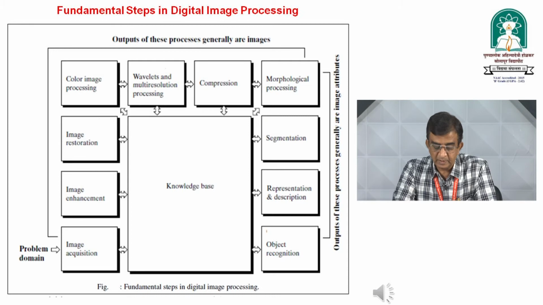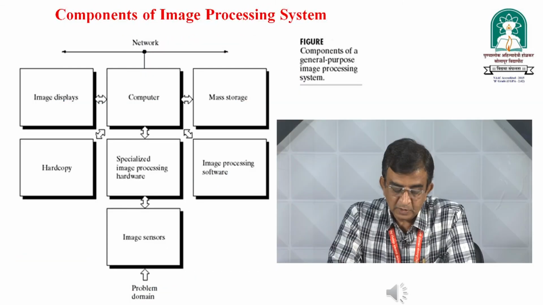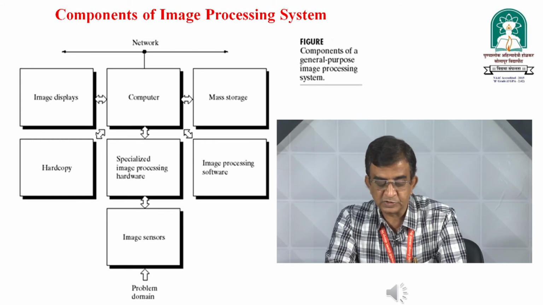This knowledge may be as simple as detailing regions of an image where the information of interest is known to be located, thus limiting the search that has to be conducted in seeking that information. Now we will see the components of an image processing system.